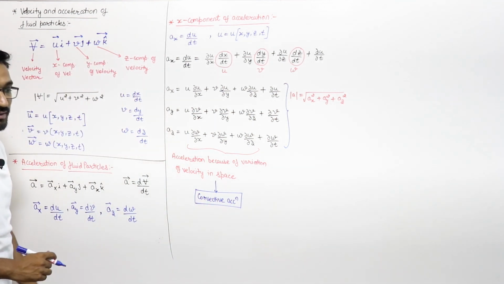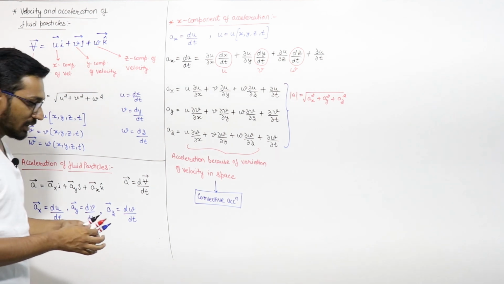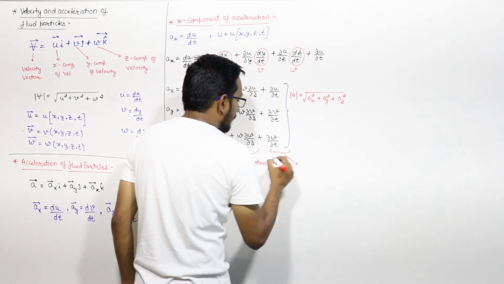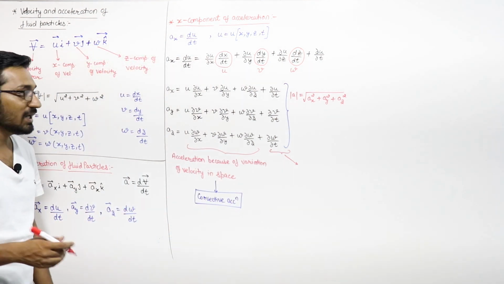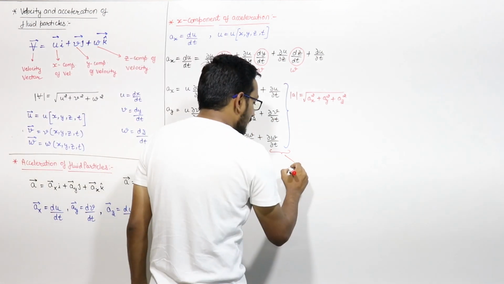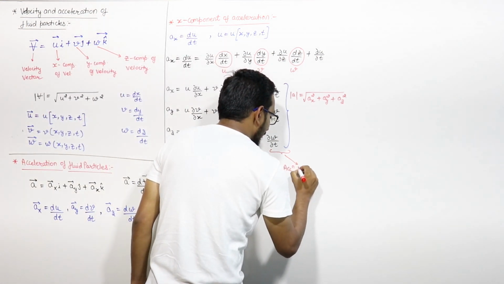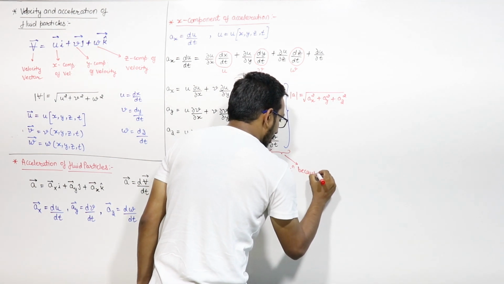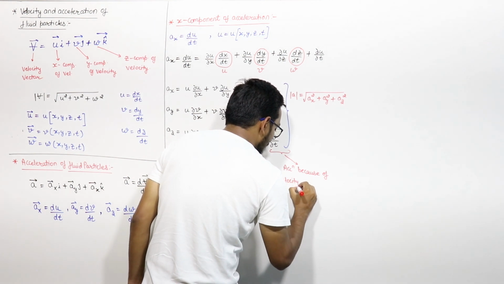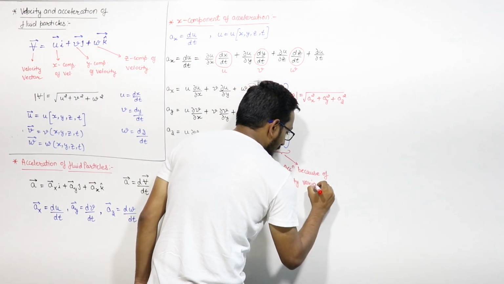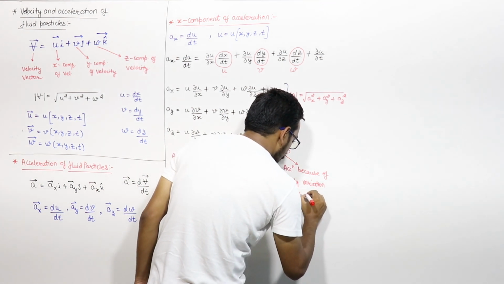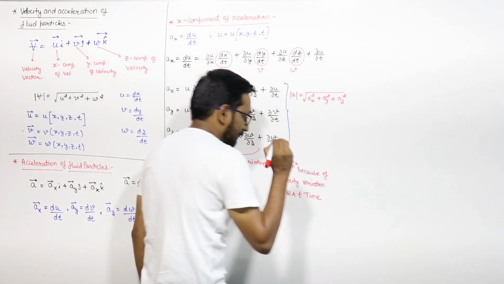Right, this is known as convective acceleration. And this component is del u by del t, or del v by del t, or del w by del t. This is the acceleration because of velocity variation with respect to time.